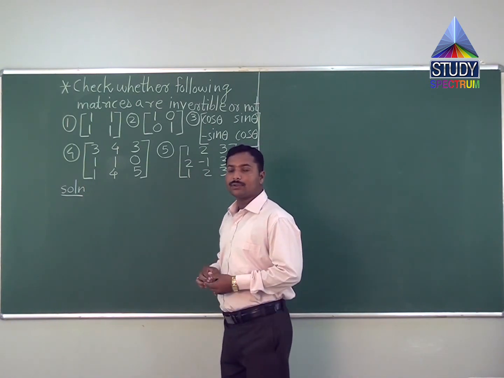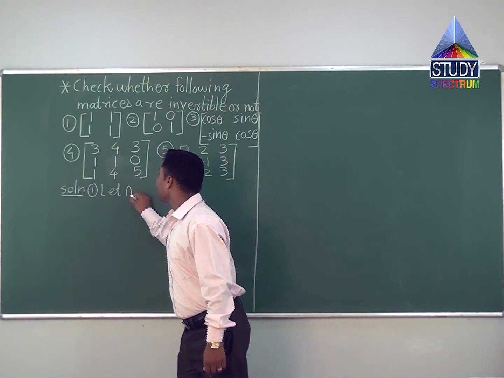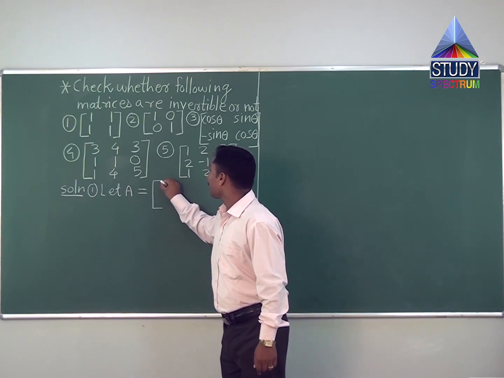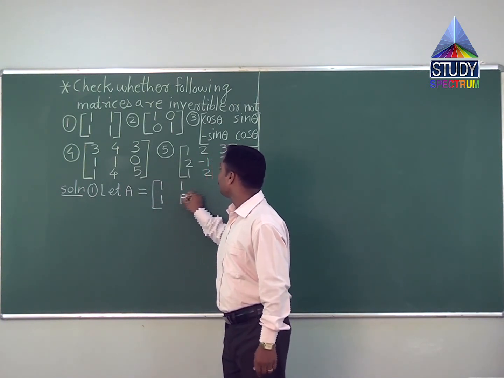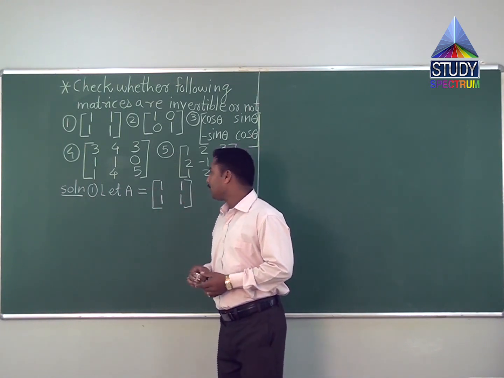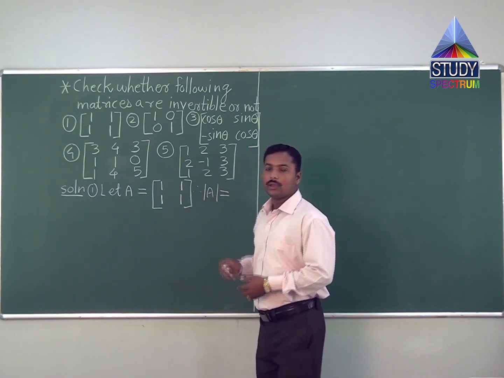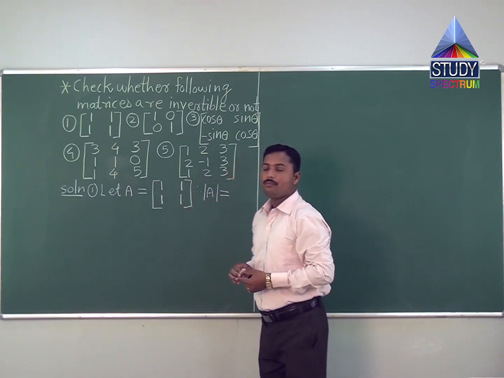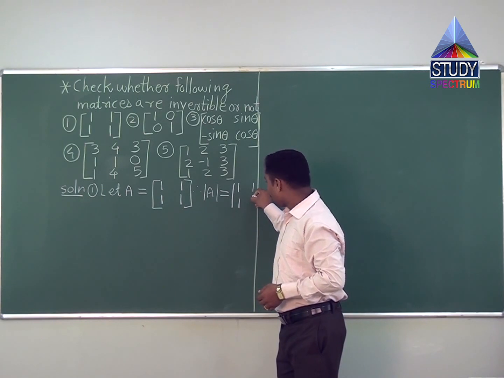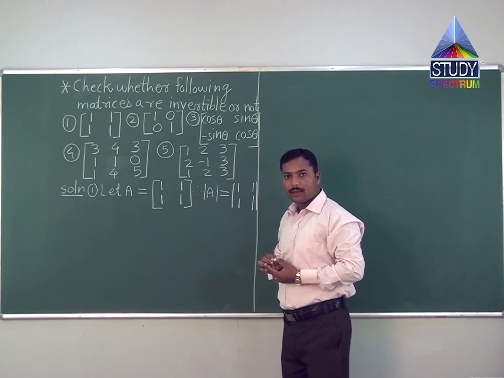So for the first matrix, we assume let A equal the given matrix 1 1, 1 1, and we find the determinant of this matrix. So determinant of A equals what? Determinant of the given matrix. How do we expand this determinant?